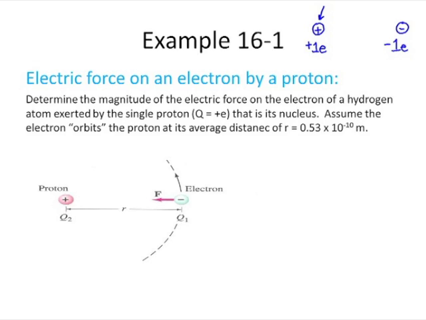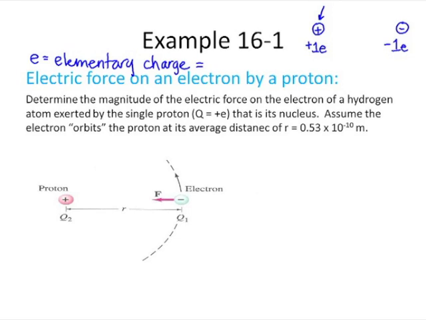So that's a really small number. e is an elementary charge. Because all charge is made up of electrons and protons, it is the smallest charge that exists.